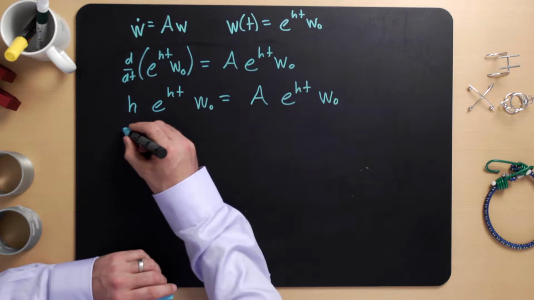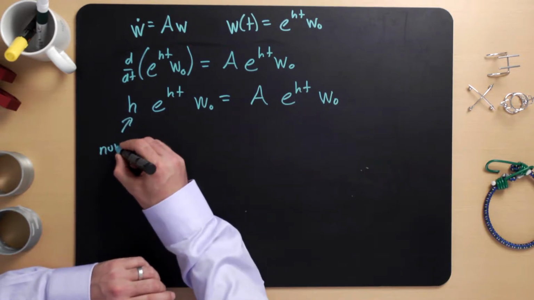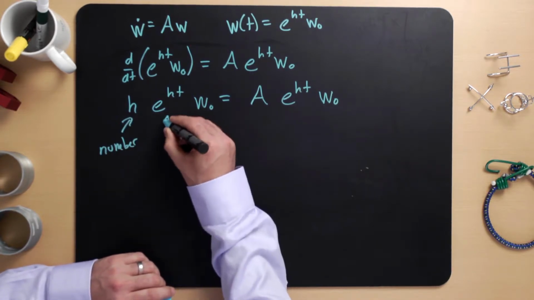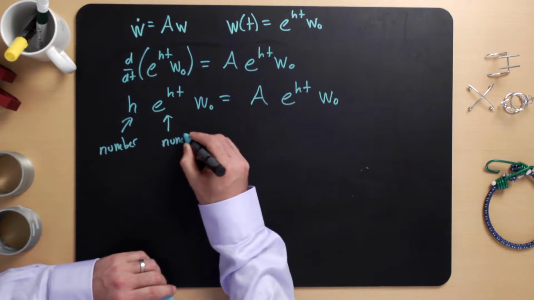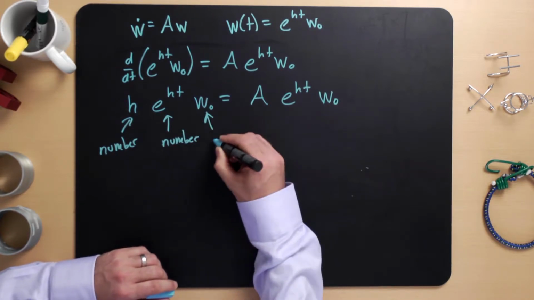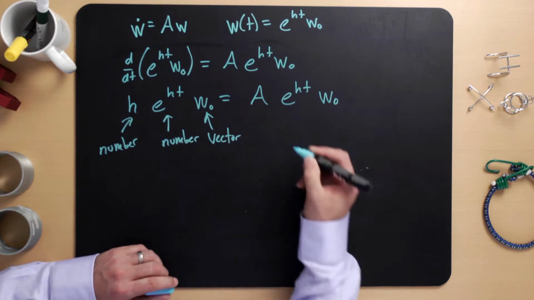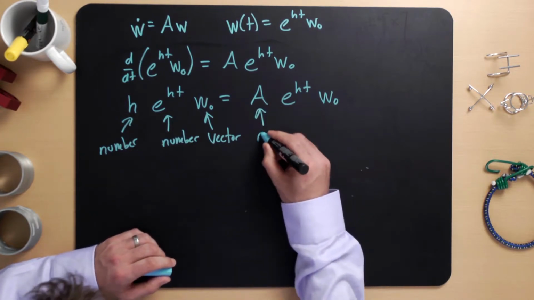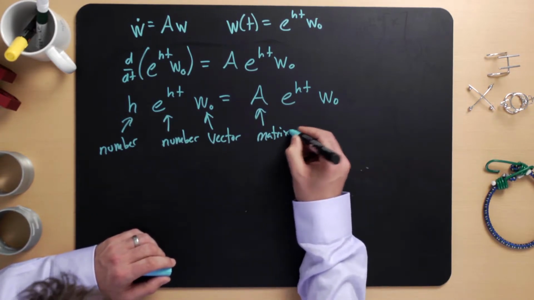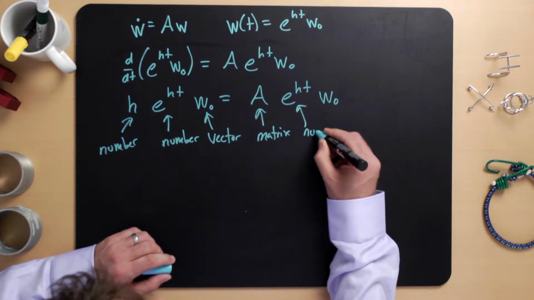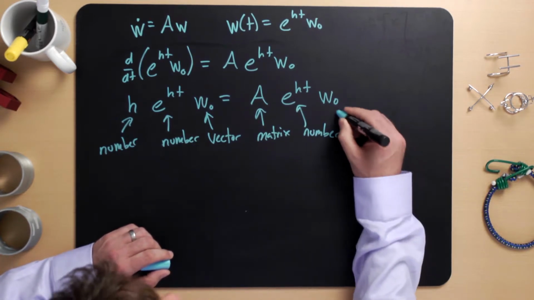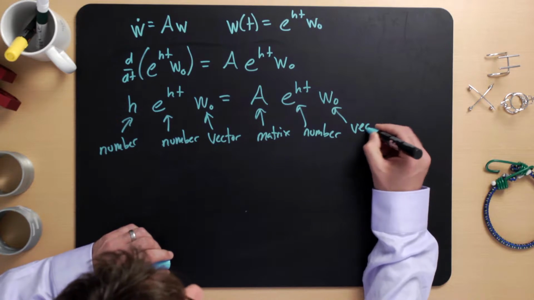The thing to note here is that on the left-hand side, h is a number, e to the ht is a number, and w0 is a vector. But on the right-hand side, A is a matrix, e to the ht is a number, and w0 is a vector.